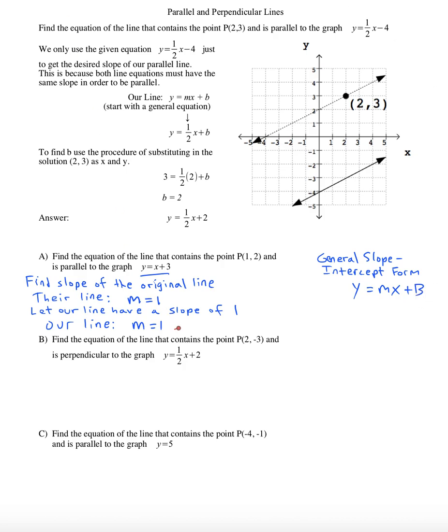Now we're going to plug in the m of 1. We're halfway there, but we need to find the b of our line. So now plug in the point (1, 2).